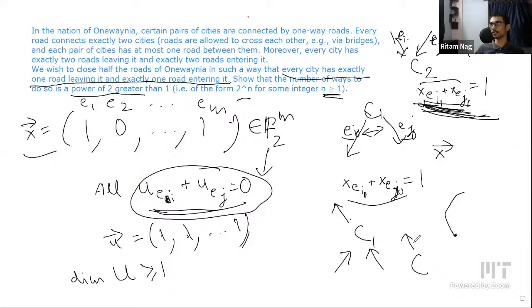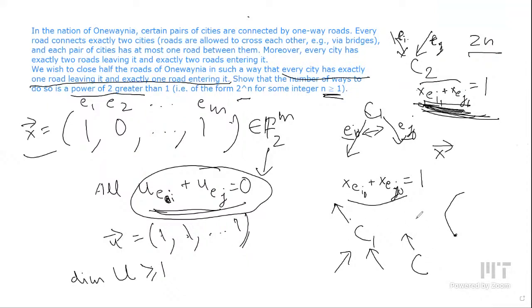So what are the problems you can run into? One problem is that suppose there are n vertices and we have an n-1 cycle, then the nth vertex would not be covered.